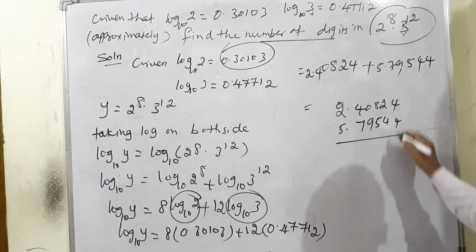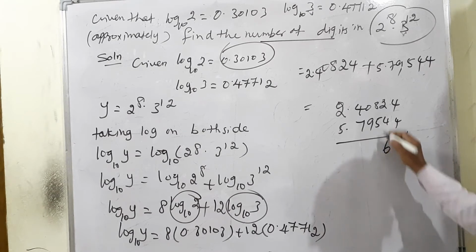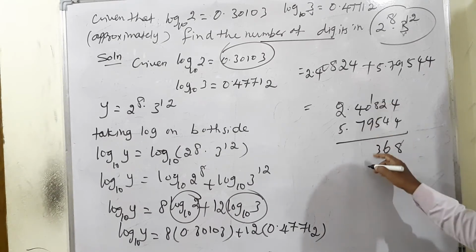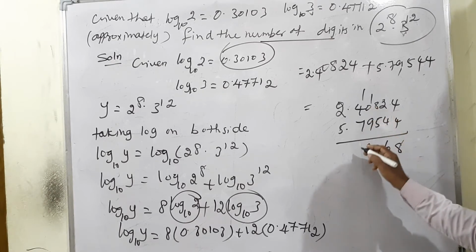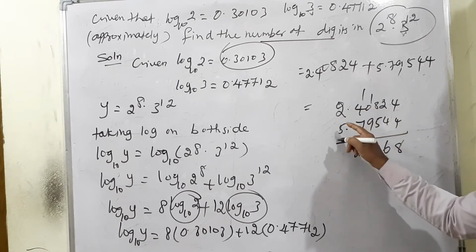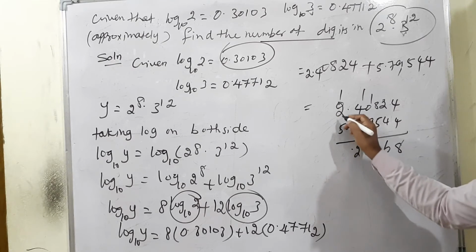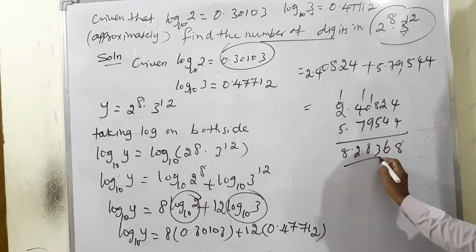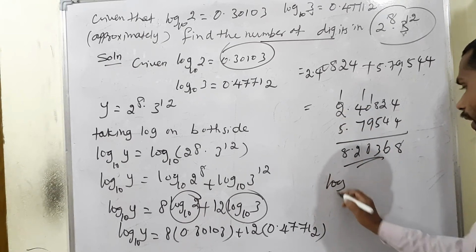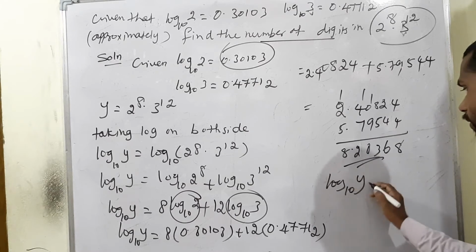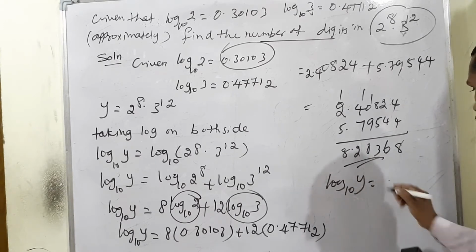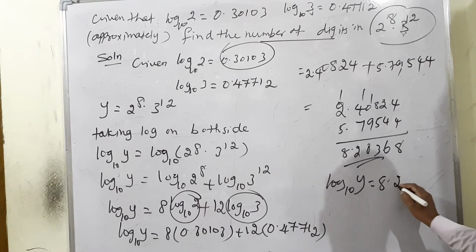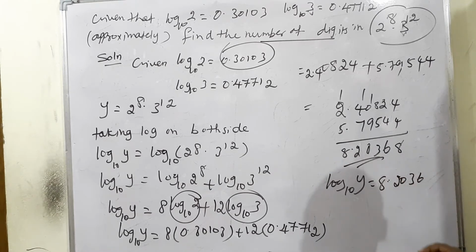544, 448, 2 plus 4 is 6, 8 plus 5 is 13, 1, 9 plus 1 is 10, 0, 1, 8 plus 4 is 12, 1, 5 plus carry 1 is 5, 2 is 7, 7 plus 1 is equal to 8. Therefore, the answer we have, log y base 10 is equal to 8.20368, isn't it?